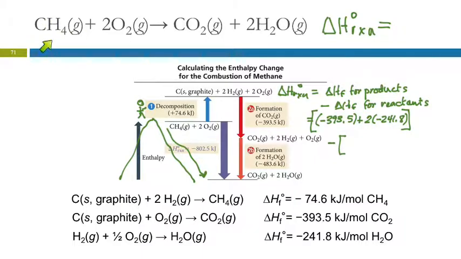And then we're going to subtract the heats of formation of the reactants. Well, here's a reactant, CH4. There's only one of them, so we need the heat of formation for methane. So that's minus 74.6. And 2 oxygens. But O2 gas is an element in its standard state. So what is its heat of formation? 0. So plus 2 times 0, okay?